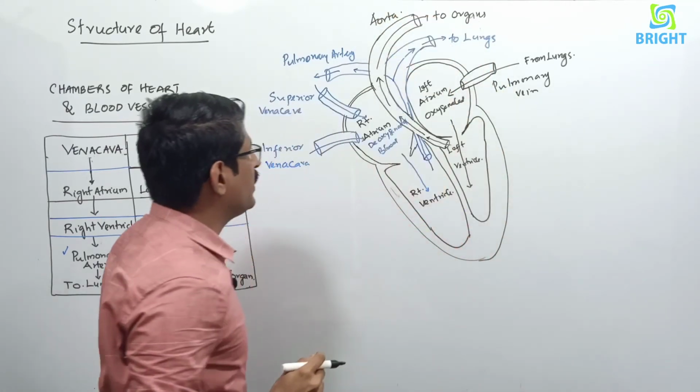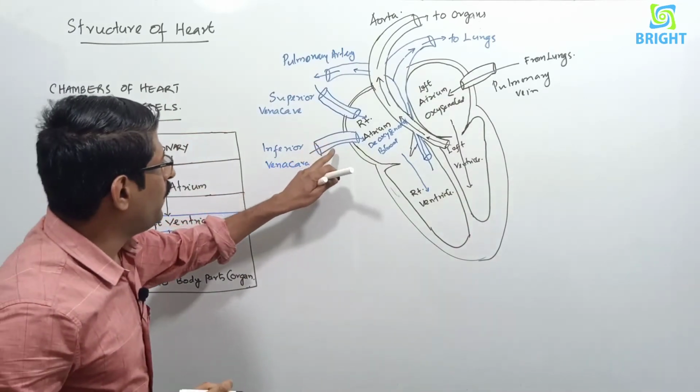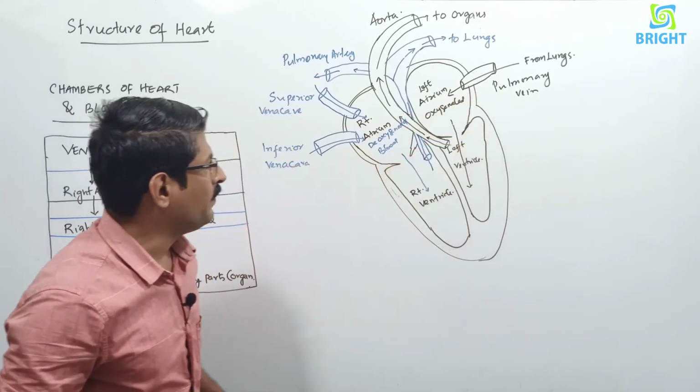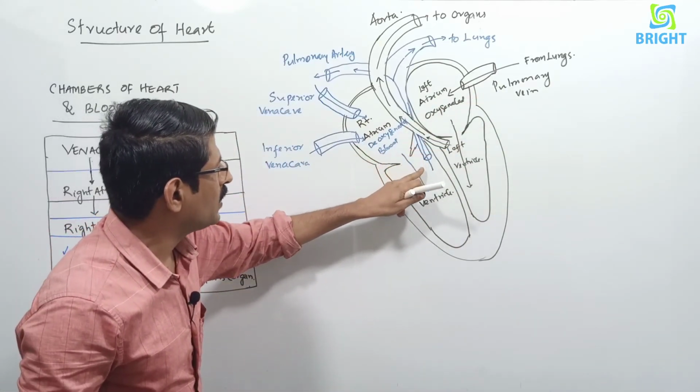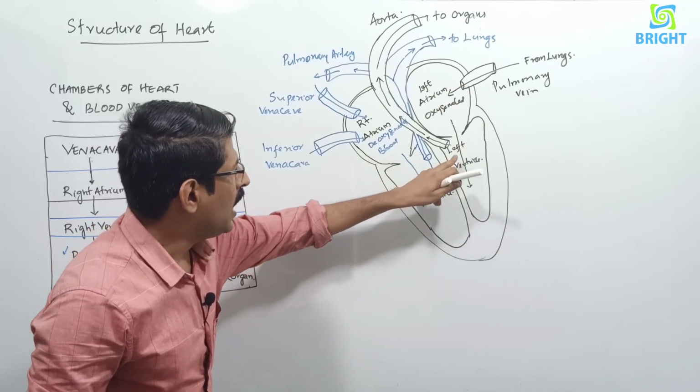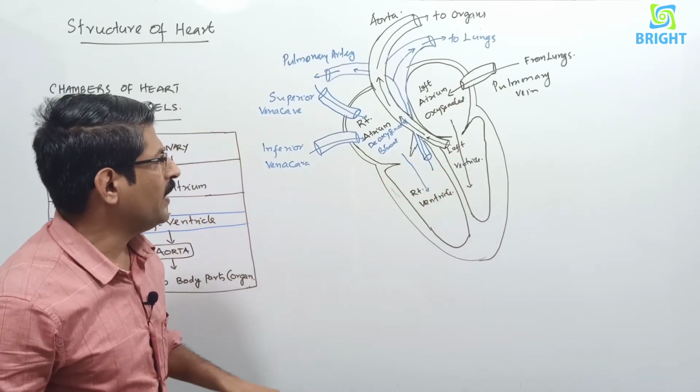So what are the blood vessels that join the heart? Two blood vessels join the heart: one is the Vena Cava and the other is the Pulmonary Vein. The blood vessels that start from the heart are the Pulmonary Artery from the right ventricle and the aorta from the left ventricle.